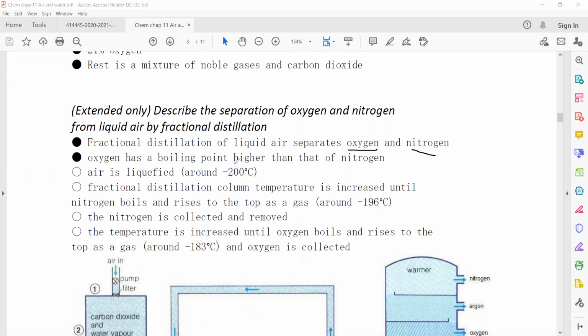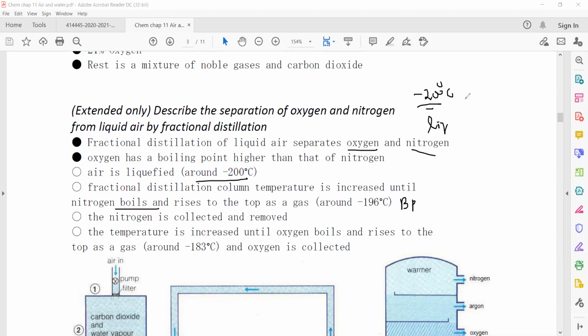Oxygen has a boiling point higher than nitrogen. Air is liquefied at minus 200. The temperature in the fractionating column is increased until the nitrogen boils and rises. Nitrogen's boiling point is minus 196. So first we cool the air to minus 200, so the air is liquid.